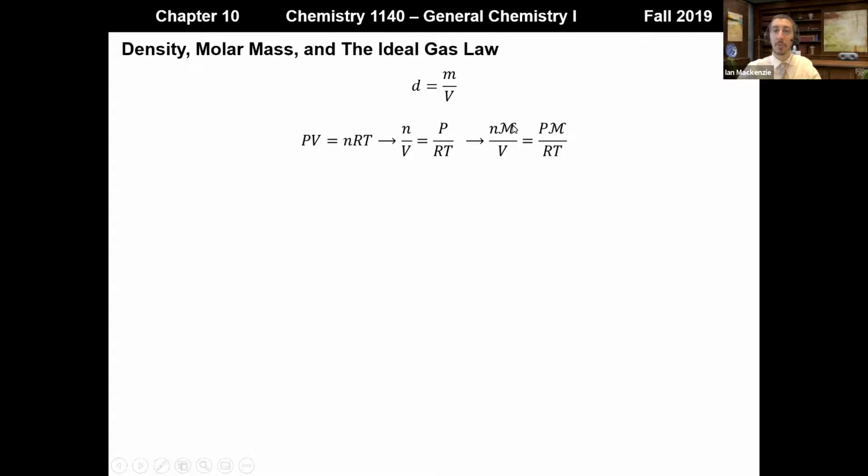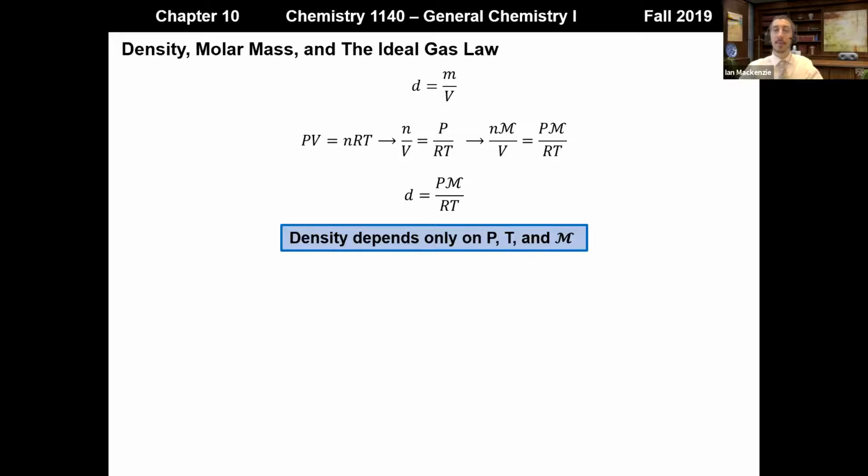This now becomes just mass, and so we have mass over volume. This whole quantity is just density. And so the density of a gas is equal to the pressure times the molar mass divided by the ideal gas constant times temperature.